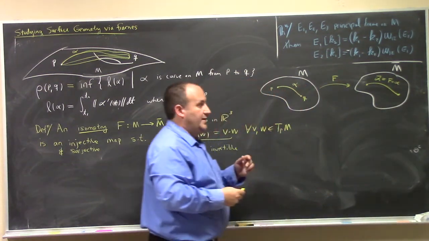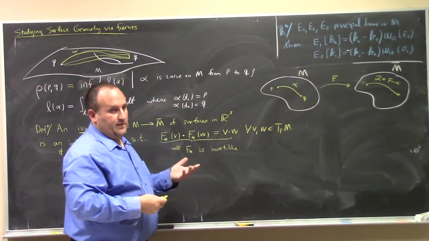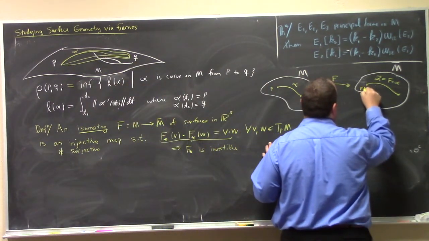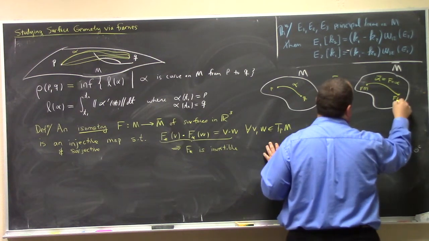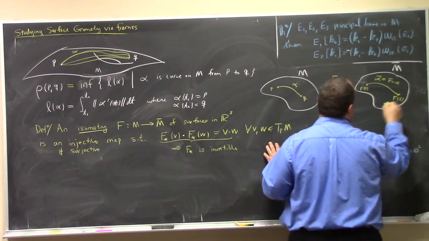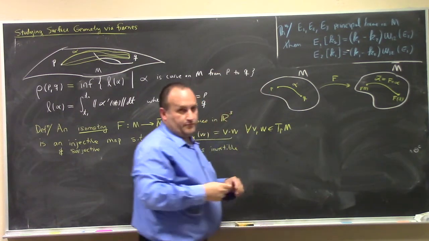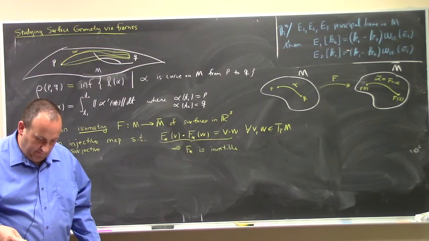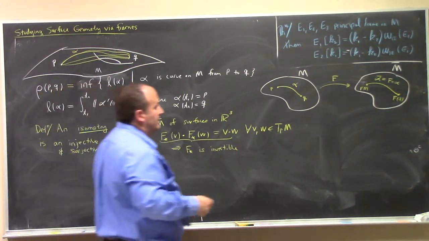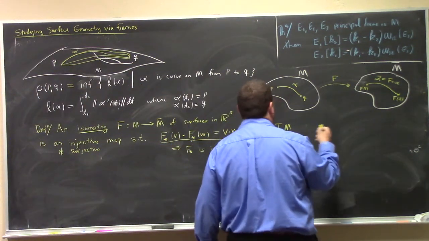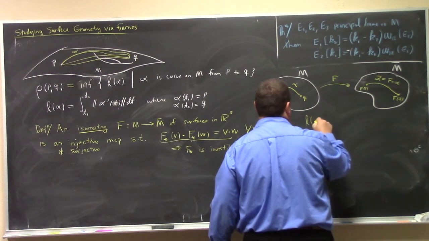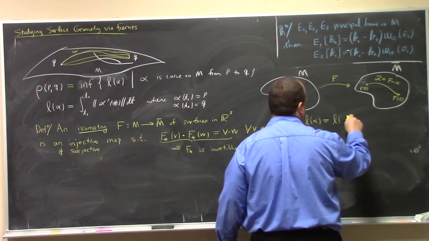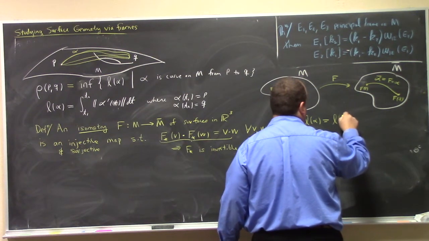All right, so alpha bar is a curve in M bar. It goes from F of P to F of Q. All right. And in fact, you can prove that I think the theorem actually is that the length of alpha is equal to the length of alpha bar, really.